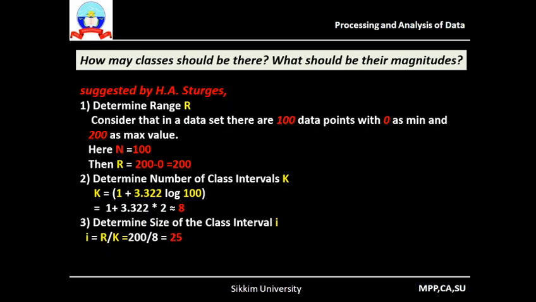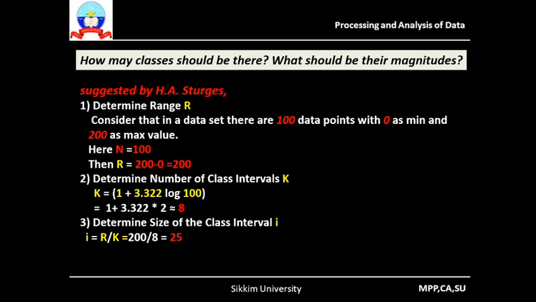So 1 plus 3.322 into 2 is 1 plus 6.644, that is 7.644, which can be approximated to 8. So here we'll have 8 class intervals or 8 classes.